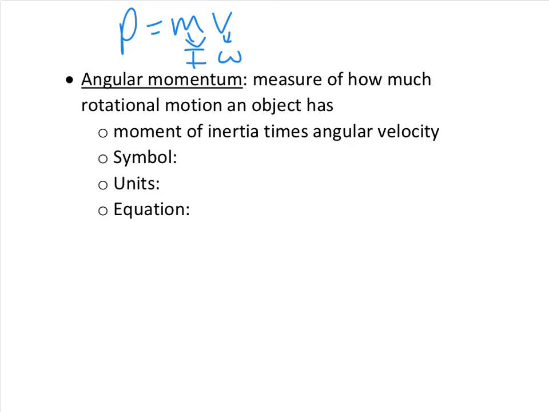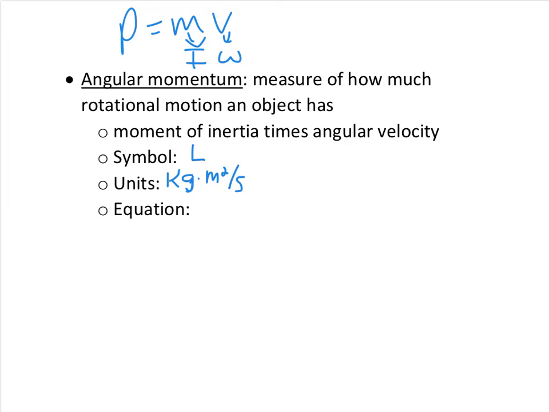The symbol for angular momentum is a capital L. I don't know why. The units for angular momentum are kilograms meters squared per second. So it's the unit for moment of inertia times the unit for angular velocity.